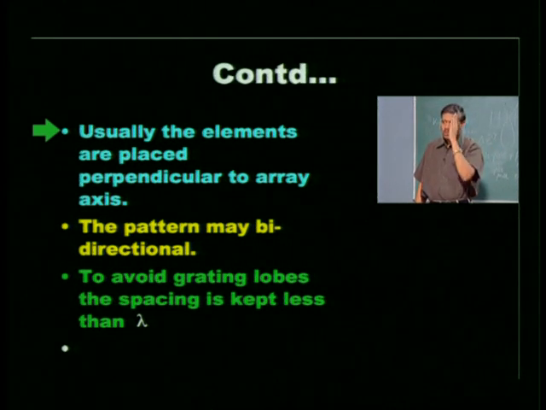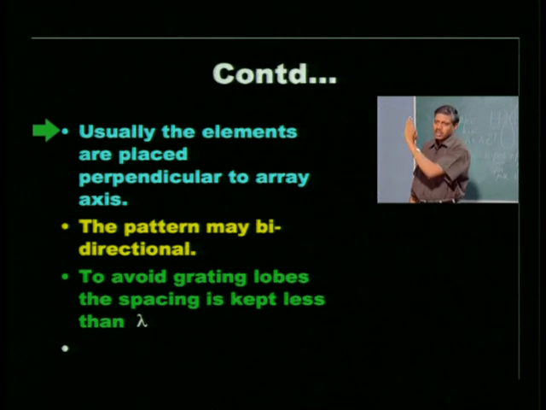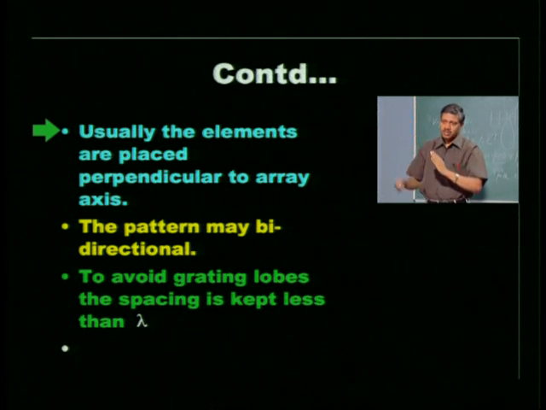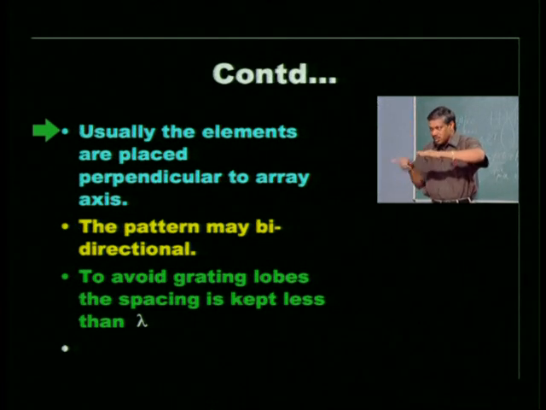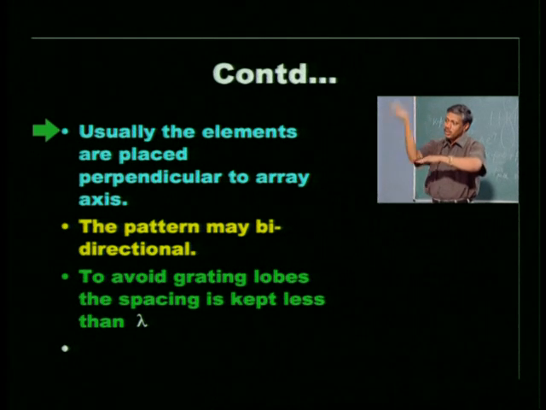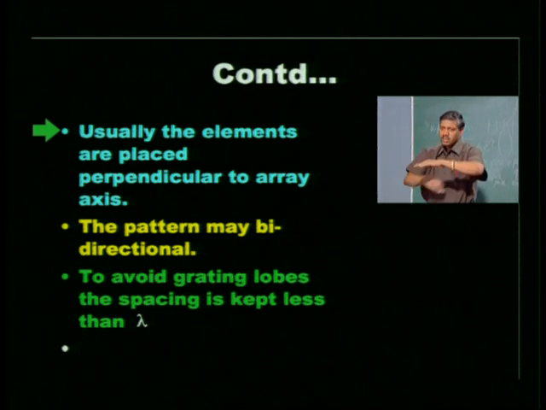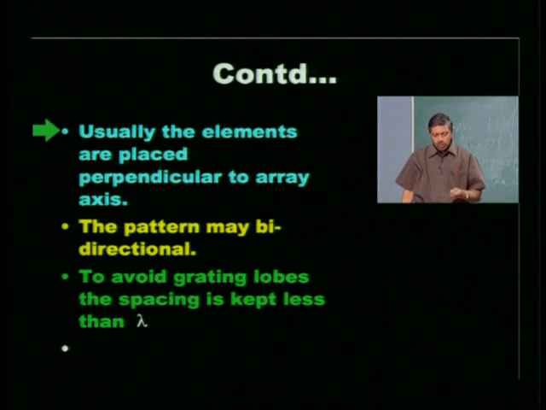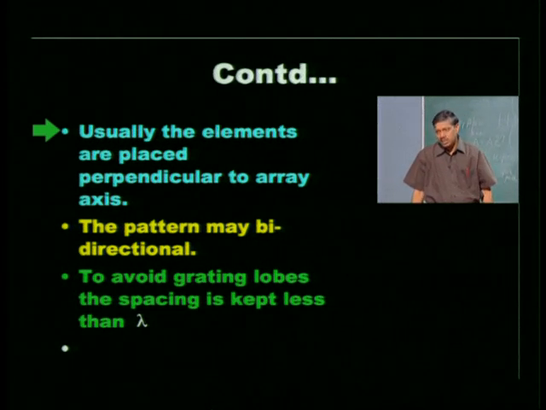So, if you are going for a broadside array, keep your elements perpendicular to the axis, so that it radiates and meets in this direction. If you are keeping it like this, then this radiation has to be again oriented to give you a broadside direction. All right. So, that is why usually the elements are placed perpendicular to the direction of the axis.